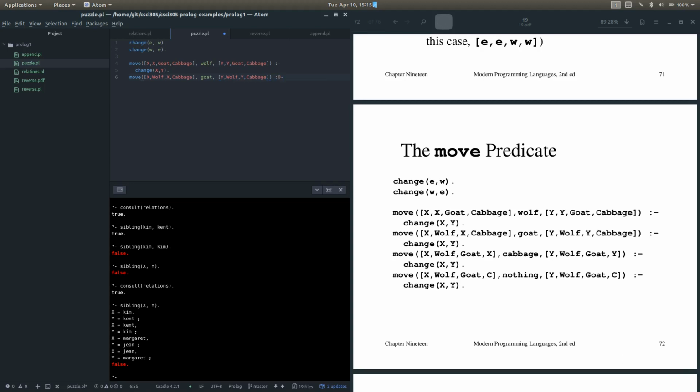And again, we're just doing a change XY. And then again, move X, wolf, goat, X, and this time we're moving the cabbage. And so it's Y, wolf, goat, Y.